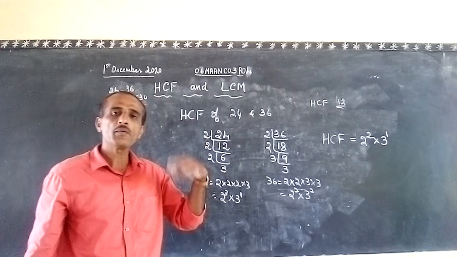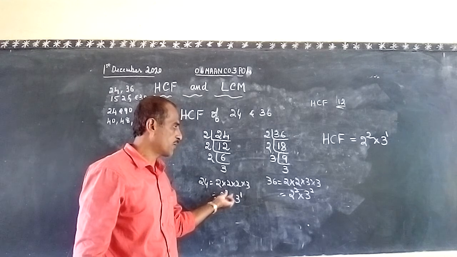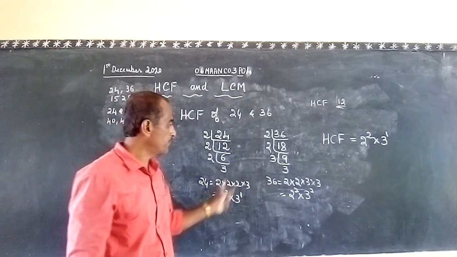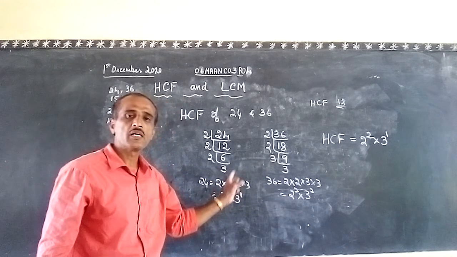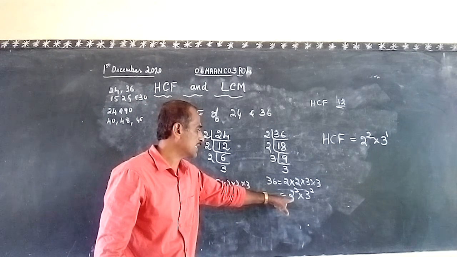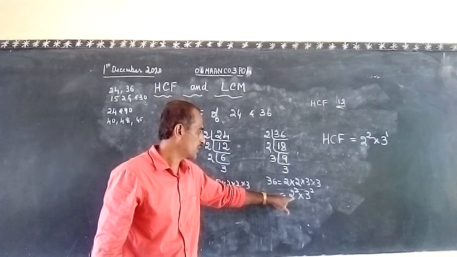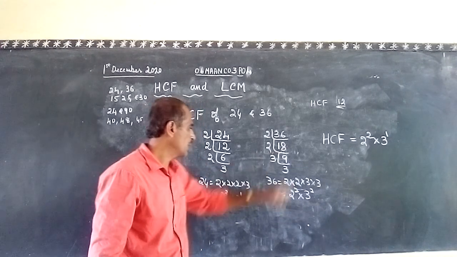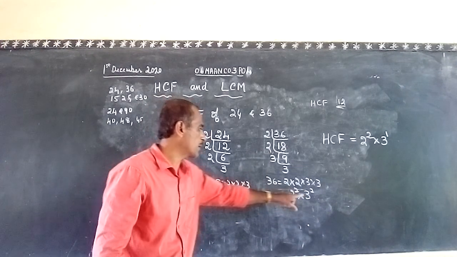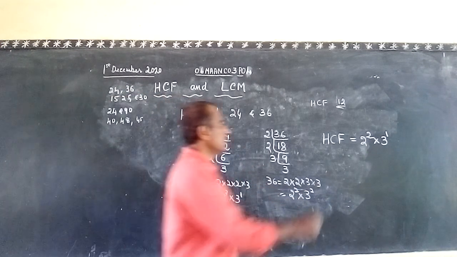So if you write in exponential form, where the factor is common in both numbers, you take the lesser power. Here for 2 it is 3 and 2, therefore you take 2 to the power 2. Then 3 is also a common factor, but the power is less here, so 3 to the power 1 you have to take. So what is our answer?